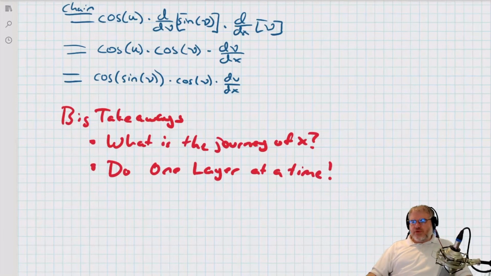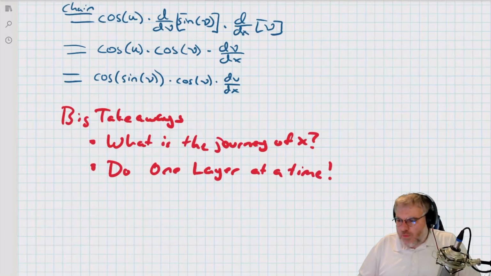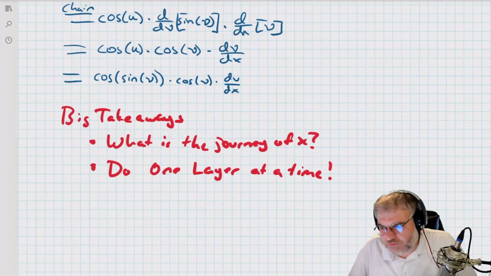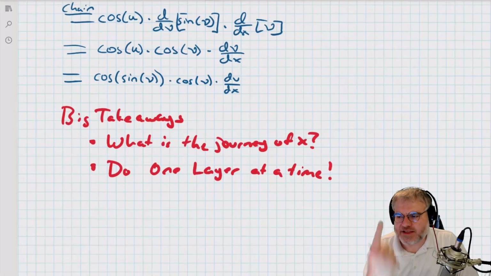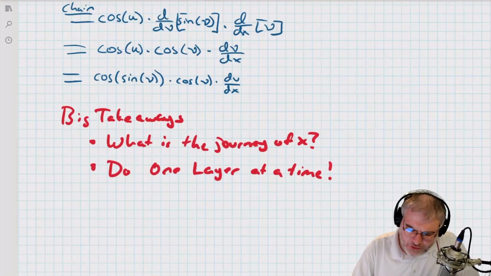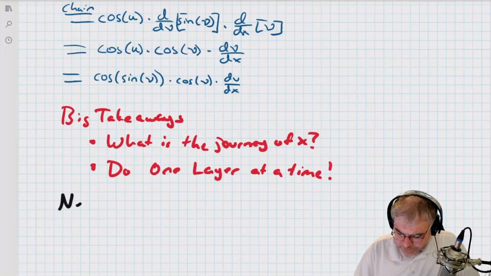When you're doing the chain rule, figure out what the journey of X is. For all these rules, figure out what the journey of X is, and then do one and only one layer at a time. One layer at a time. Next time we are going to do implicit differentiation.